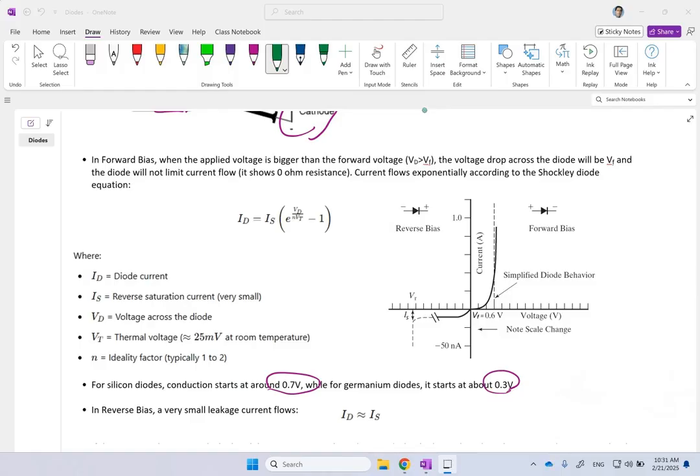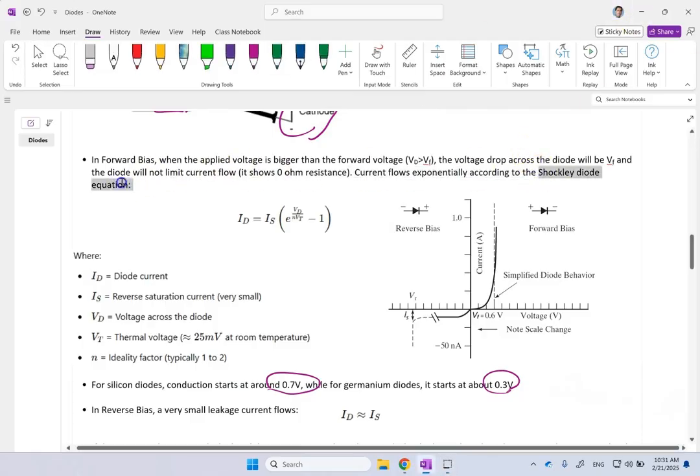What relation exists between the current going through the diode and the voltage that you applied to the diode? The equation is what we call the Shockley diode equation. This equation here that you can see.